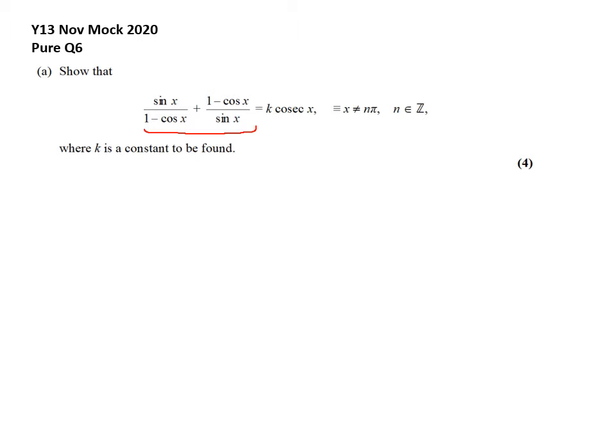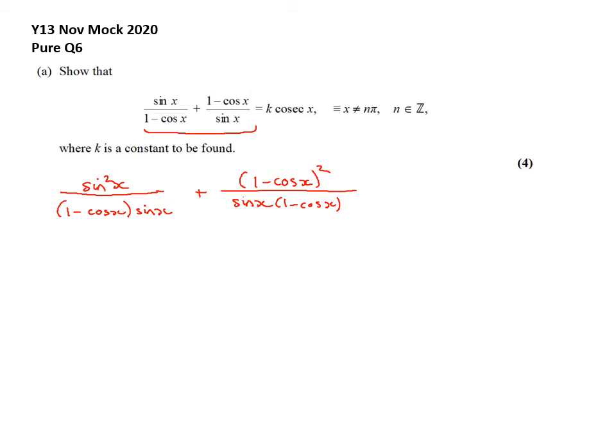I would want common denominators, so I would multiply this first fraction by sin x, and then we're multiplying that second fraction by 1 minus cos x. Look at the numerator. So in this first fraction I've got sine squared x on the top, and in this second fraction I've got 1 minus cos x all squared.